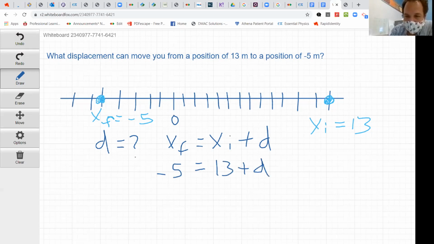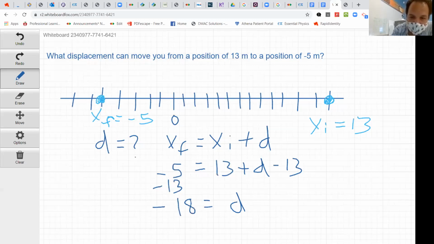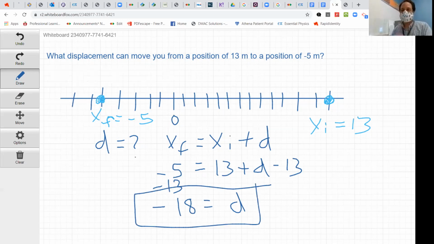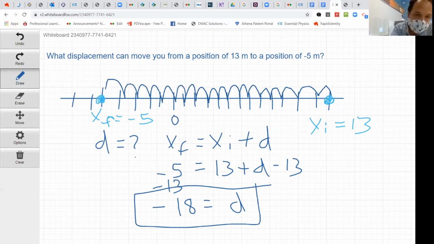So if I want to get D by itself, I subtract 13, and I get a displacement of -18. So let's count that. 1, 2, 3, 4, 5, 6, 7, 8, 9, 10, 11, 12, 13, 14, 15, 16, 17, 18. And it's negative because it went to the left.